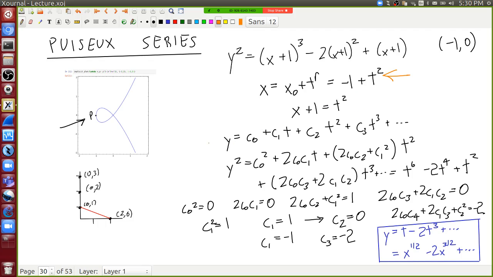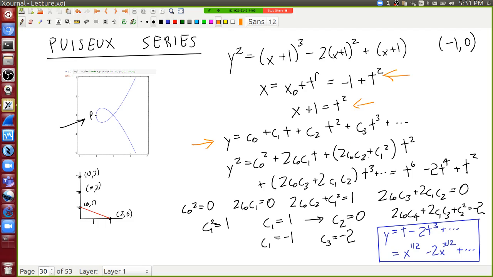I'm going to do my y expansion in t, and then x is equal to -1 plus t squared. Actually, I changed it here to negative x plus 1 equals t squared, because this then becomes t squared to the third, t squared squared, t squared.